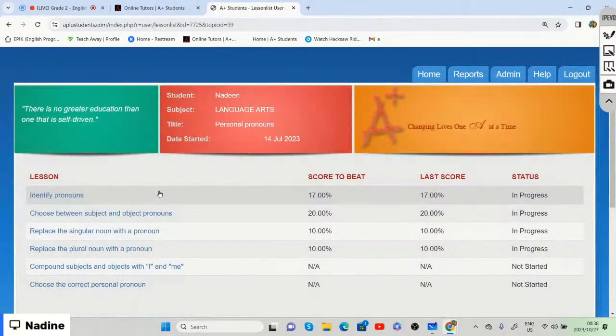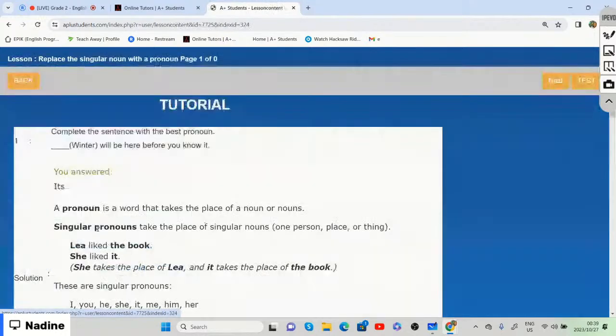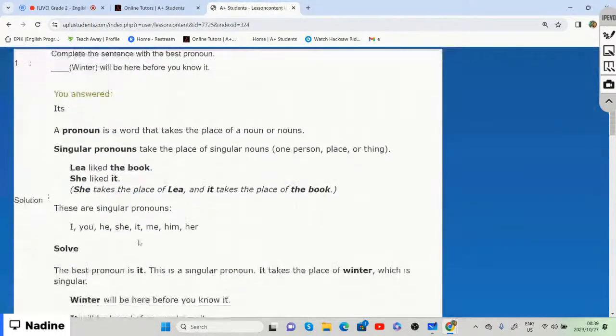Now we're going to replace a singular noun with a pronoun. A pronoun, we said, is a word that takes the place of a noun or nouns, mainly a noun phrase.